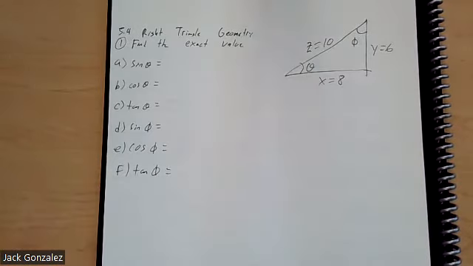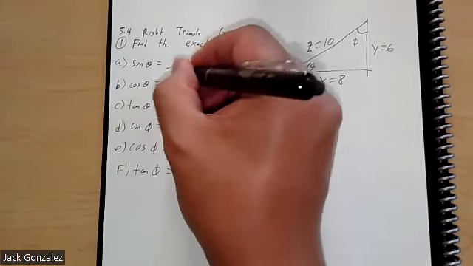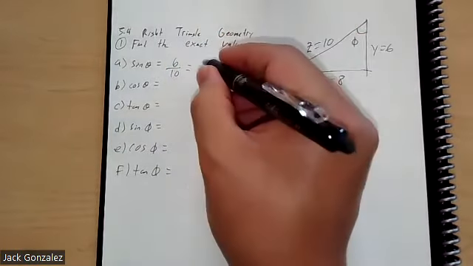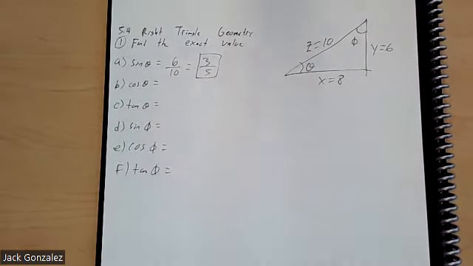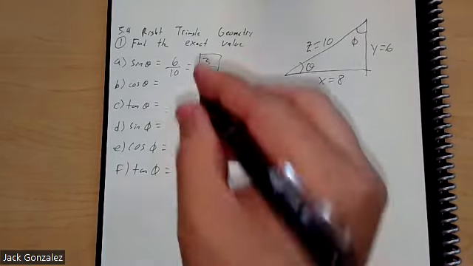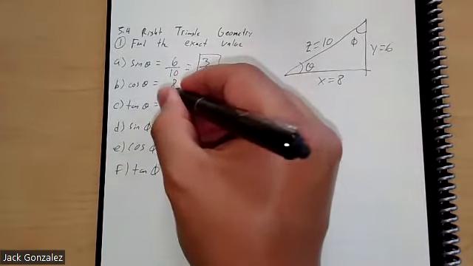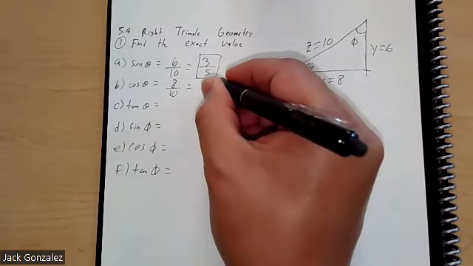What is sine of theta? 6/10, which reduces to 3/5. What is cosine of theta? Eight over 10, which reduces.